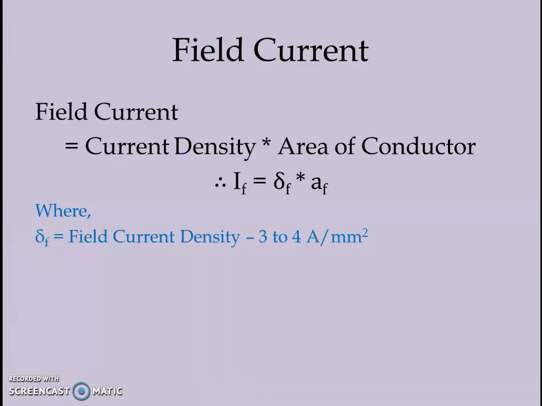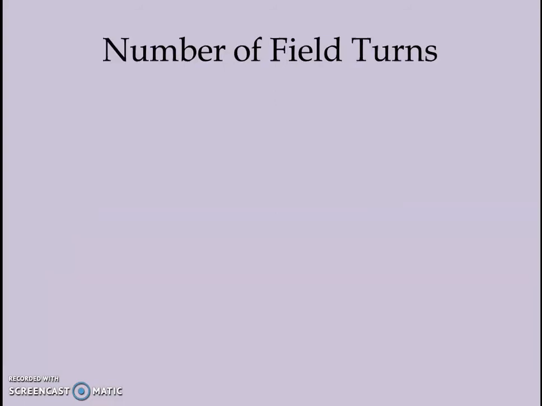Delta F is the field current density, and normally we assume around 3 to 4 ampere per millimeter square. Once the field current is available, we can calculate the number of field turns, TF. We know the equation that ampere turns for full load is the product of IF and TF. So from this equation we can easily calculate the number of field turns.